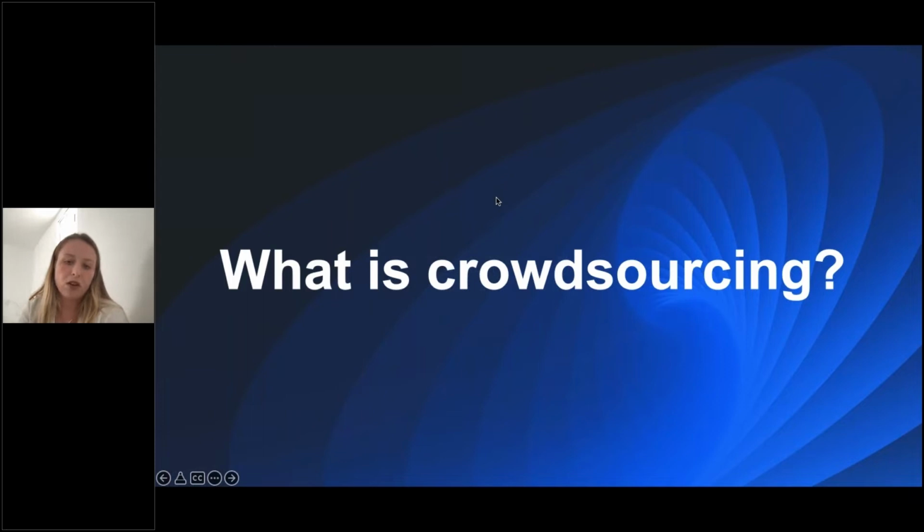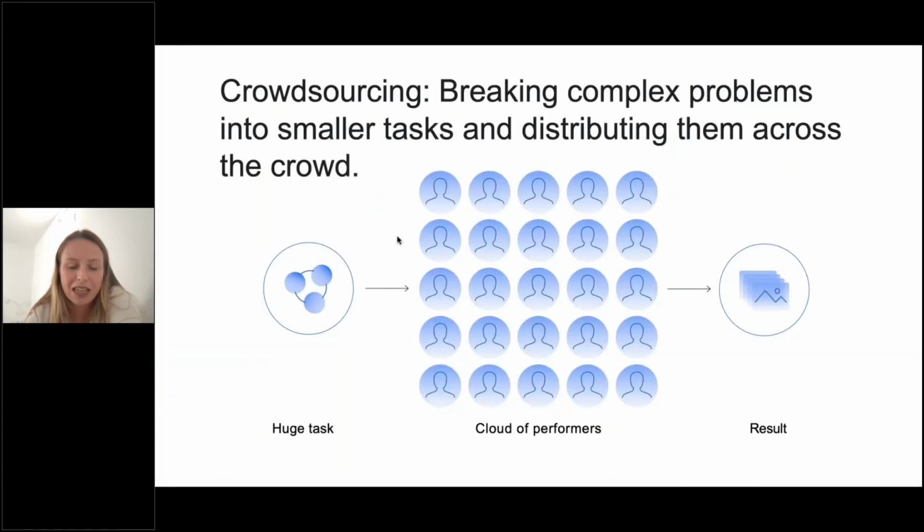And so, talking about the problems, now I would like to talk more about the solution that could help us with the problems we just saw before. Crowdsourcing is one of the solutions that could be proposed to solve this data labeling problem. And what is crowdsourcing?